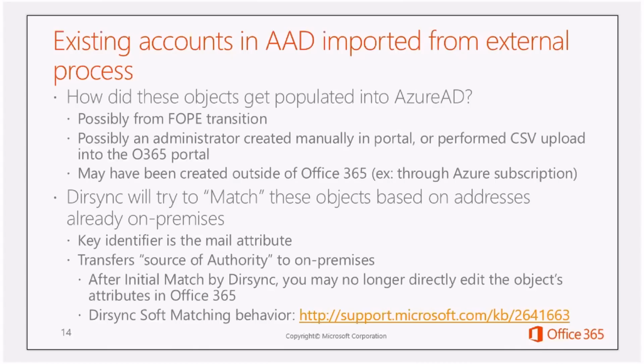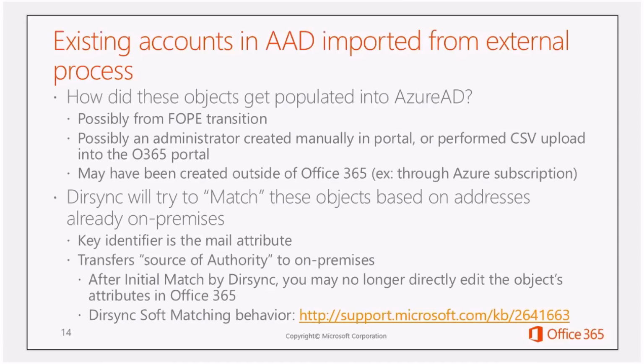The typical case is where a customer says, "Hey, I am not able to locate an object that used to exist in Active Directory," or, "I can't locate an object that I expect to show up in Azure Active Directory." Oftentimes that's because DirSync had already run its object matching algorithm.